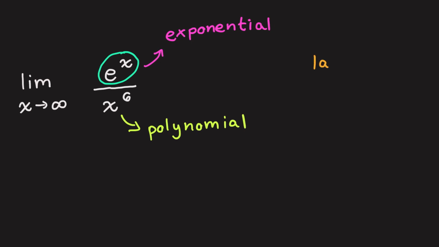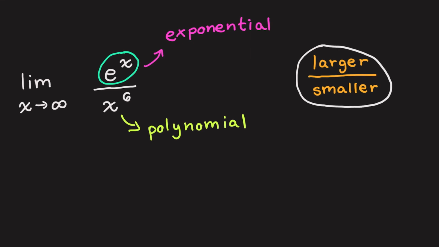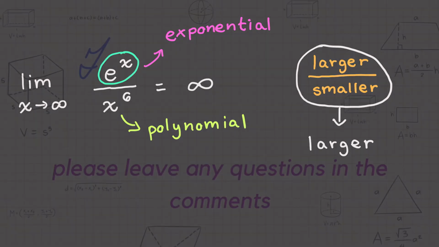This means that the numerator is getting larger and larger while the denominator is lagging behind. So the overall value is becoming larger and larger with no limit in sight. So you can say that the limit as x approaches infinity of this function is infinity.